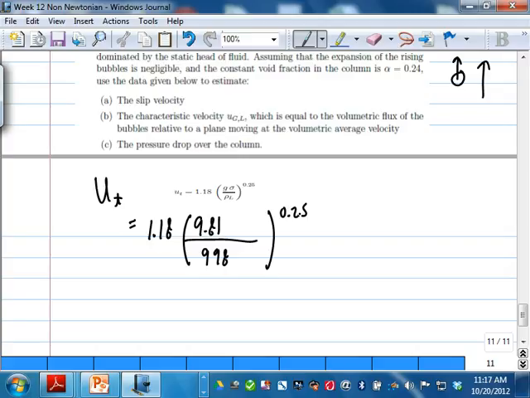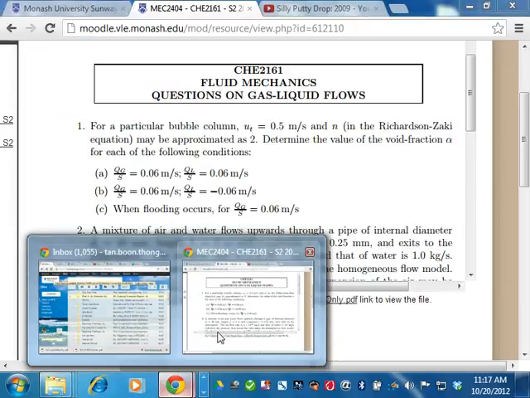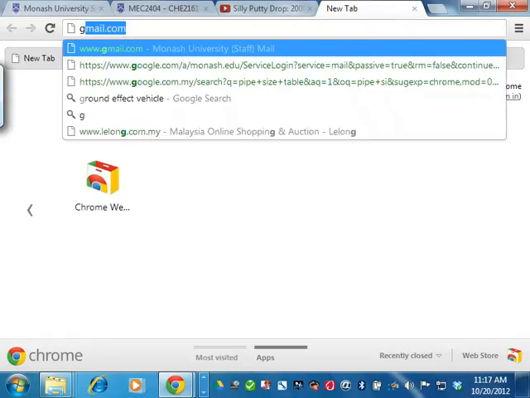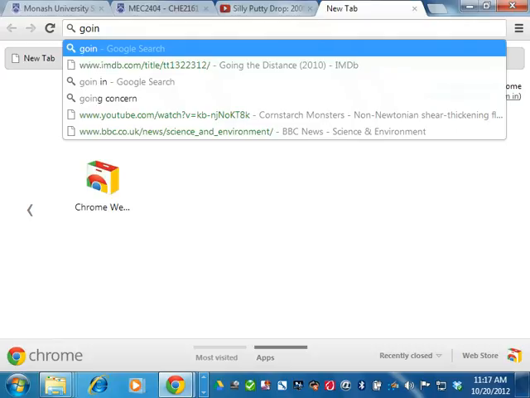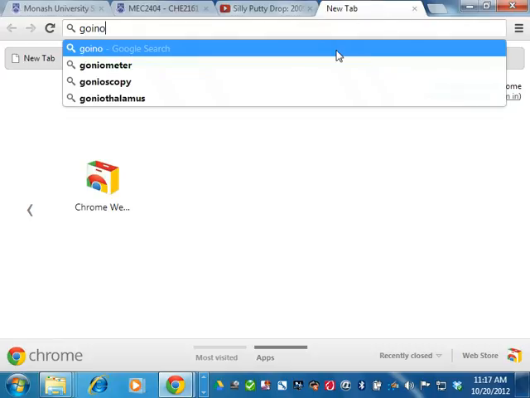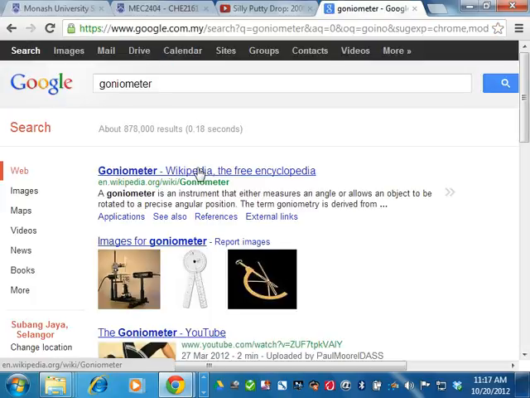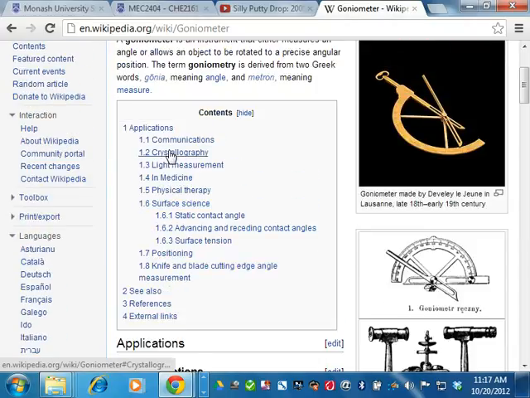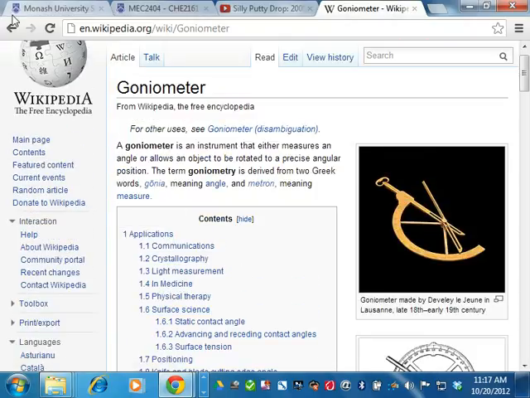What is sigma? Sigma is the surface tension of water and air. There's a machine to measure it. It's called a goniometer.